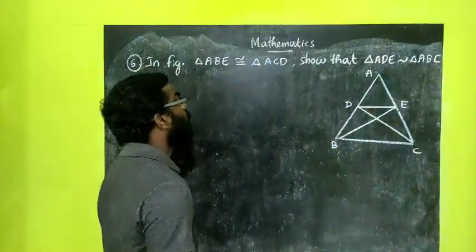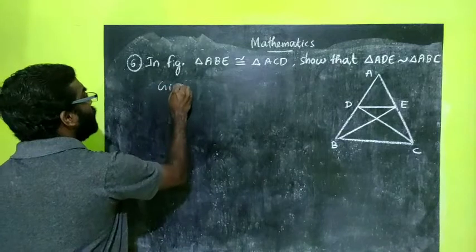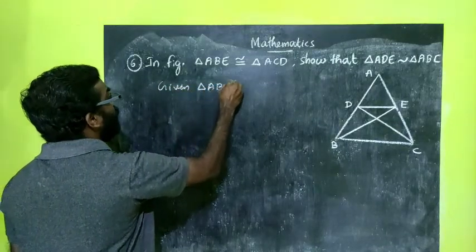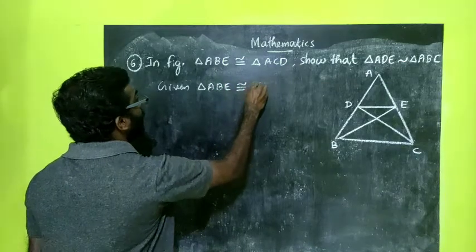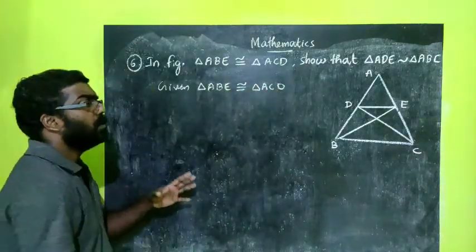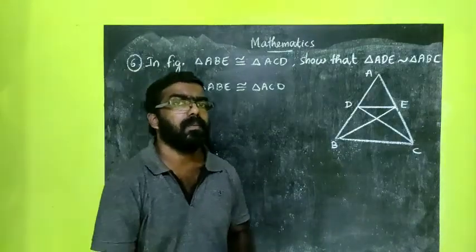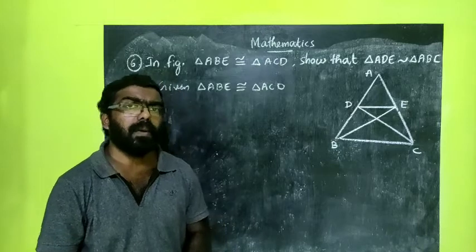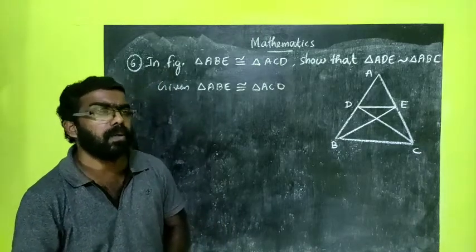So given that triangle ABE is congruent to triangle ACD. Congruent means all the corresponding sides are equal and the corresponding angles are also equal. That is what is called congruency.